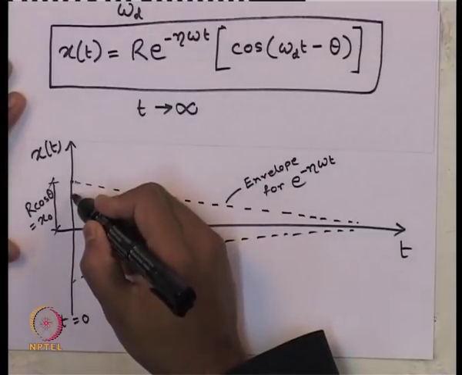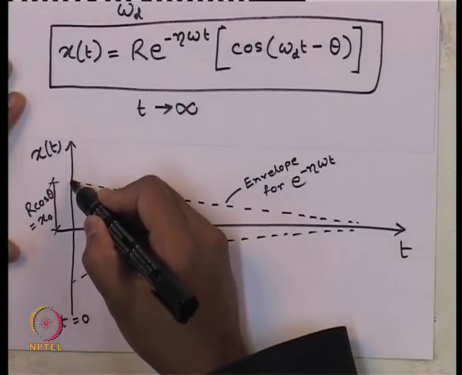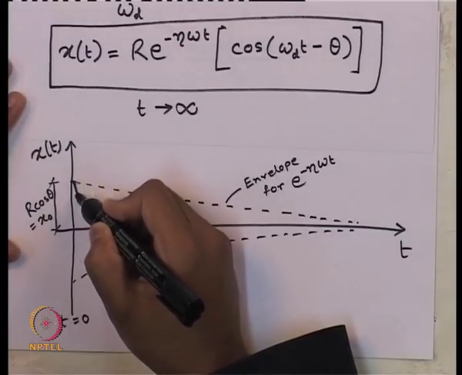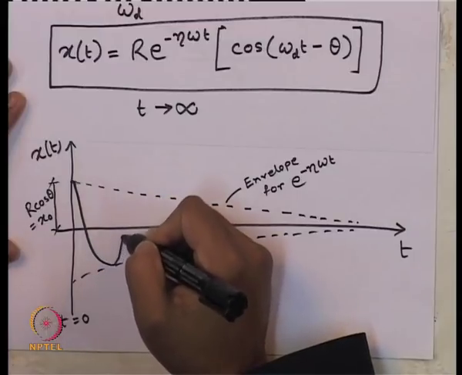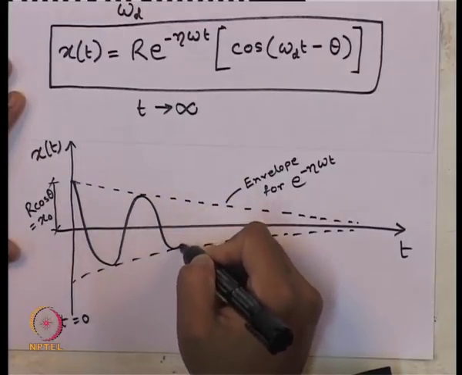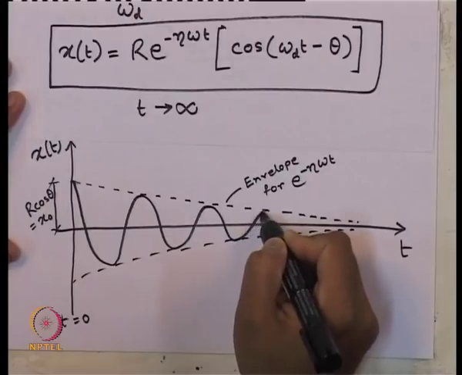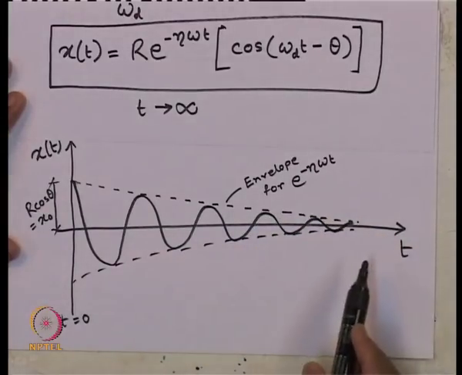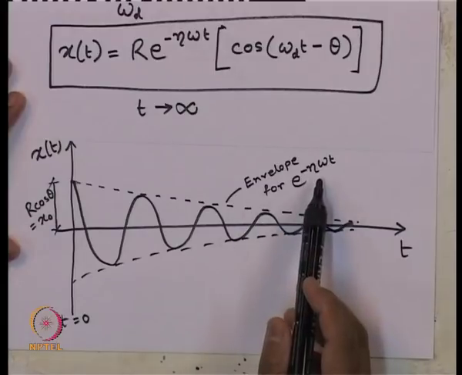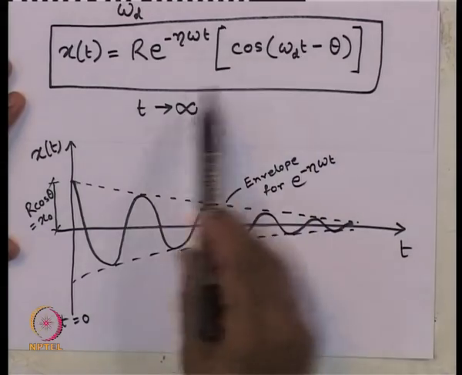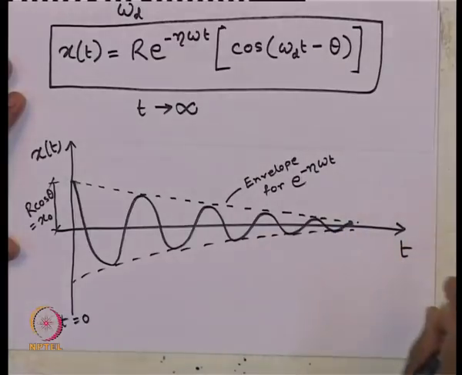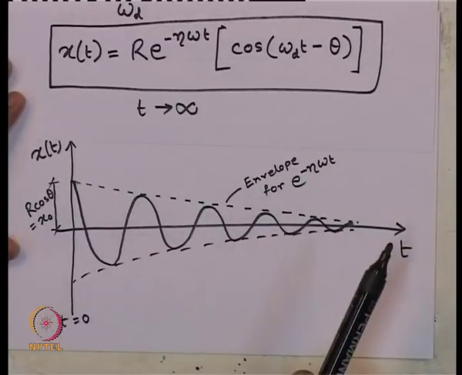What will happen? The response will start oscillating between these two, and finally, with increase in time, it will die down because of the presence of this exponential decay function. So it is a harmonic function with decay in the amplitude as the time increases.